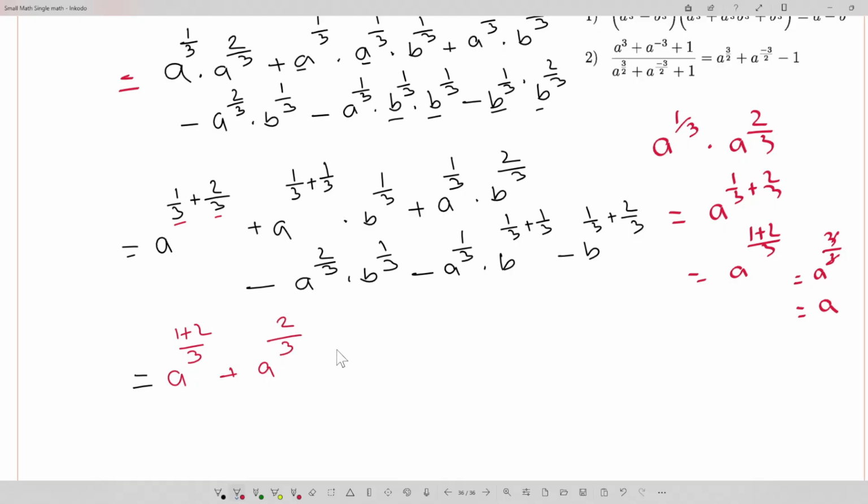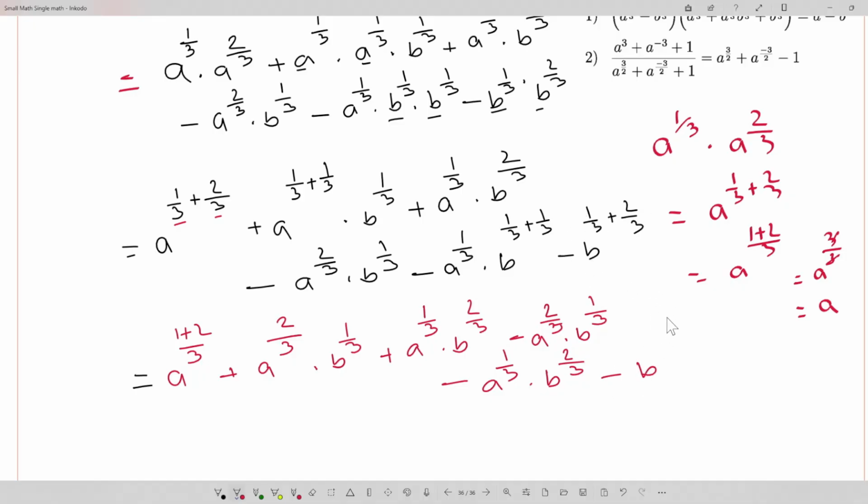Here is a to the power, so 1 by 3 plus 1 by 3, it means 2 by 3, and then times b to the power 1 by 3, plus a to the power 1 by 3 times b to the power 2 by 3, minus a to the power 2 by 3 times b to the power 1 by 3, and here is minus a to the power 1 by 3 and b 1 by 3 plus 1 by 3, it will be 2 by 3, and finally minus b to the power, what, 1 plus 2, it means 3 by 3.